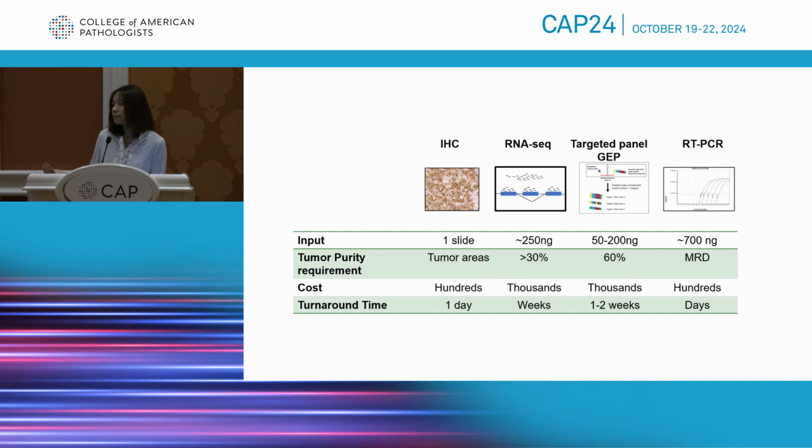With something like RT-PCR, you don't need a whole lot of tumor, it can even be used for MRD, and the turnaround time is a little less. It really depends on what kind of information you need for your case, which can help with the diagnosis or the treatment.